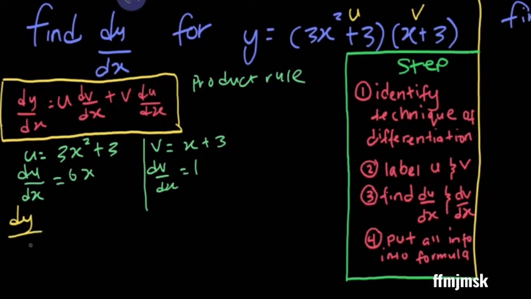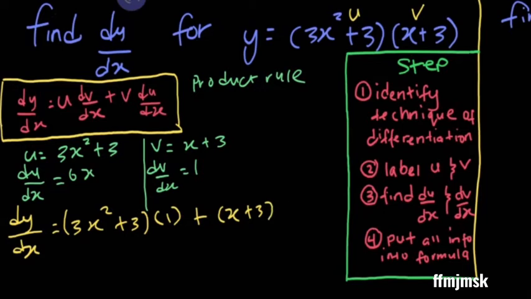So dy over dx is equal to u, which is 3x power of 2 plus 3, multiply with dv over dx, which is equal to 1, plus v, x plus 3, multiply with du over dx, which is equal to 6x.